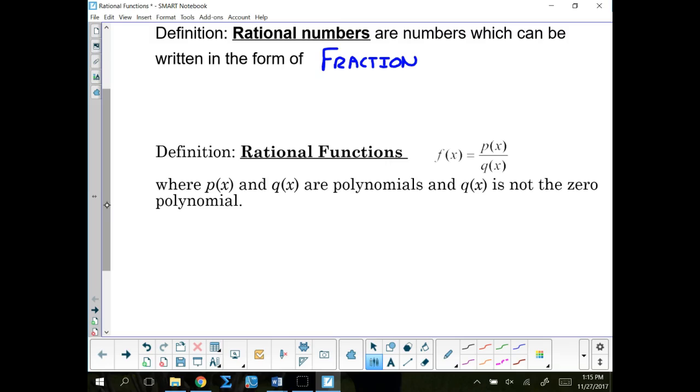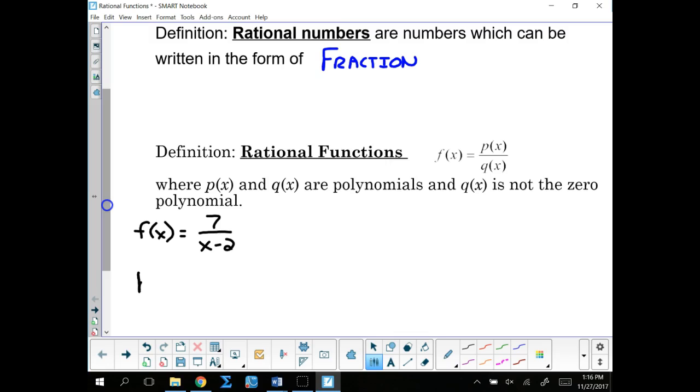So for instance, we could have something like f of x equals 7 over x minus 2. 7 is a function, call it a constant function. x minus 2 is a linear function. That's a rational function.